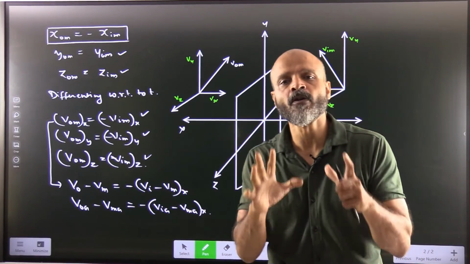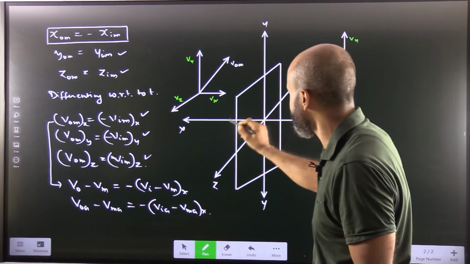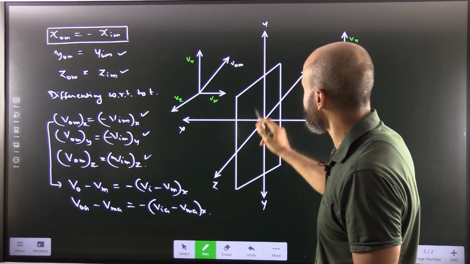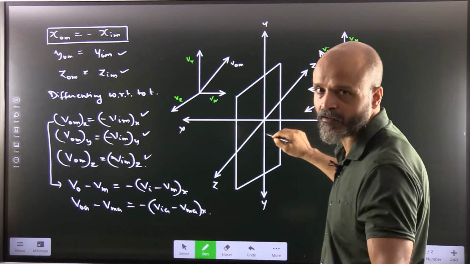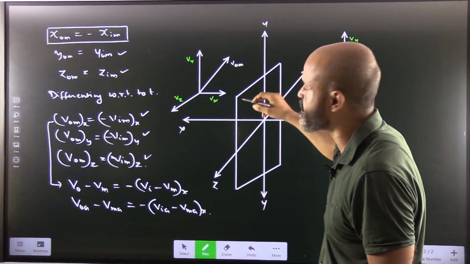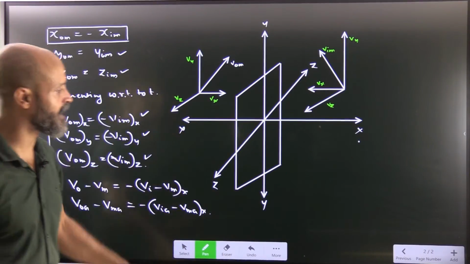It all depends upon which axis the mirror is kept along. So if the mirror is kept along the z-axis, and the object is moving, the z-axis part will not change, only the y-axis part will change. These are things that we have to consider.